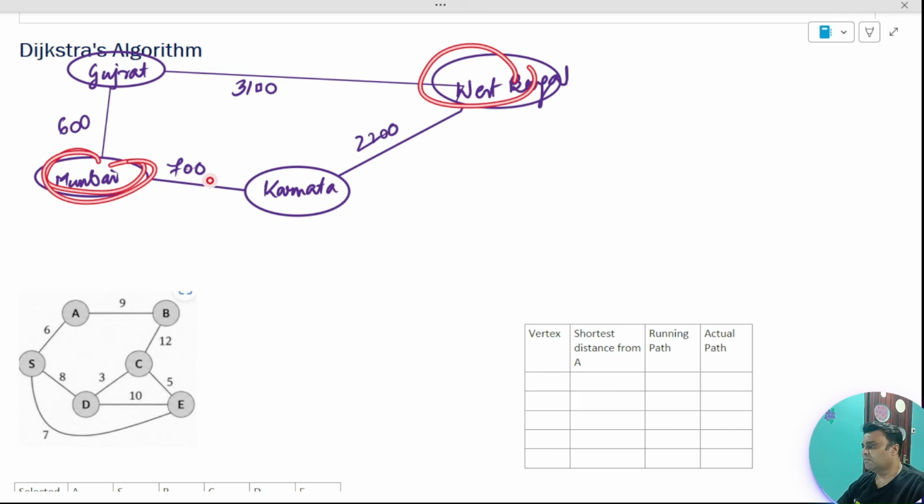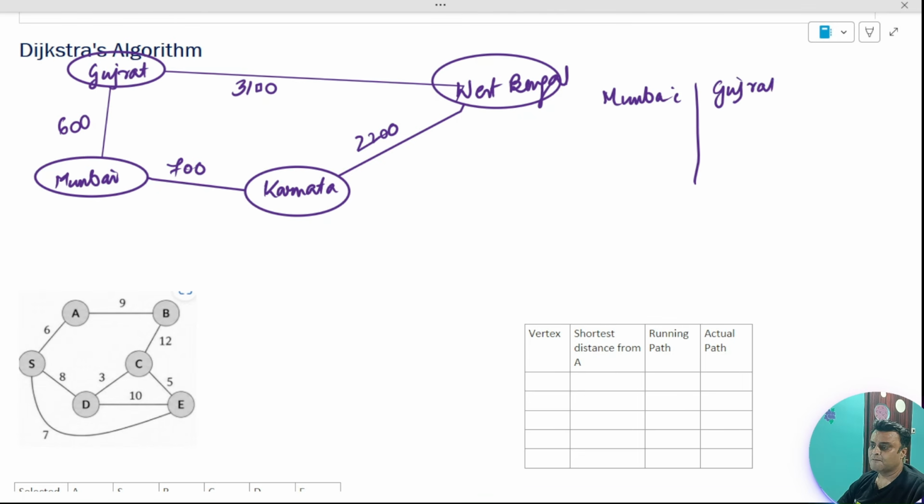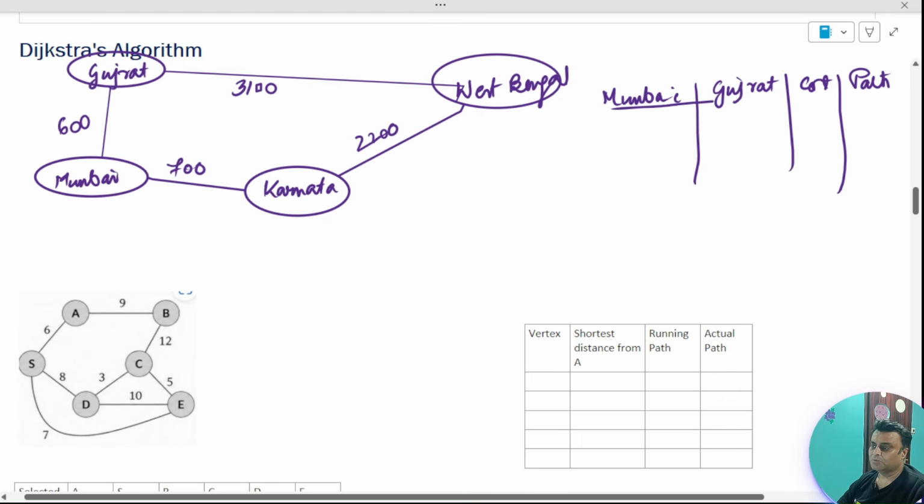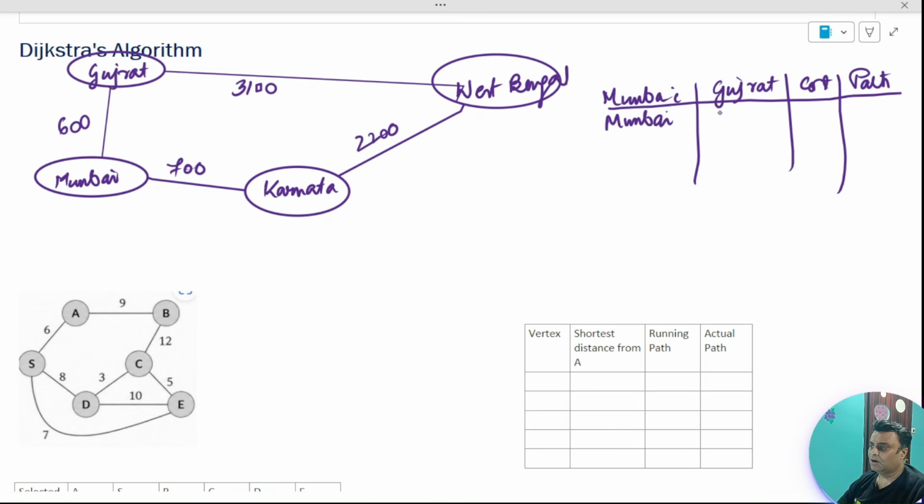So starting from Mumbai, we will have to find out how we can go to Gujarat, what will be the cost of it, and what will be the path of it. That is what the problem is all about. And then starting from Mumbai, our start position will remain the same. How do we go to Karnataka?